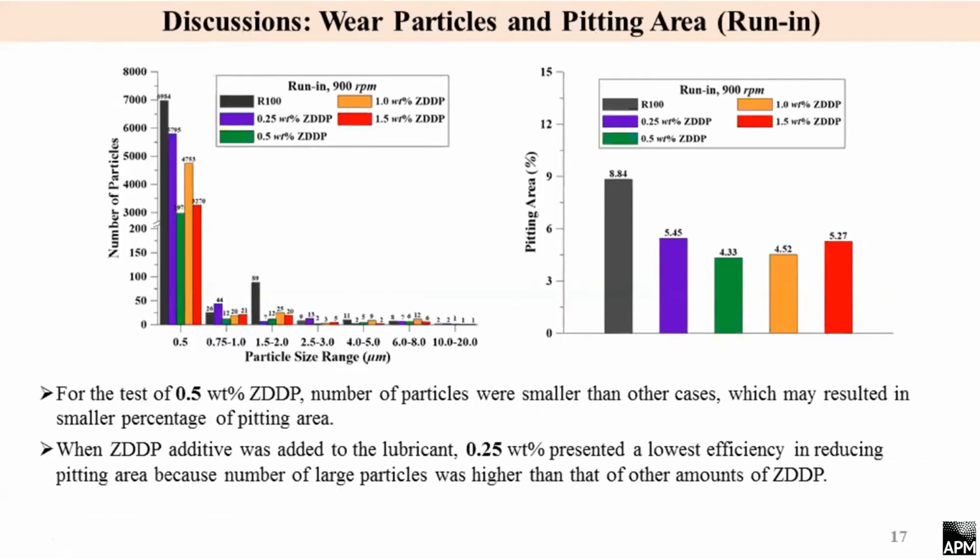From our experiment results, we try to find the relationship between the wear particles and pitting area. And we can see that the smaller the total number of particles, the smaller the pitting area obtained.